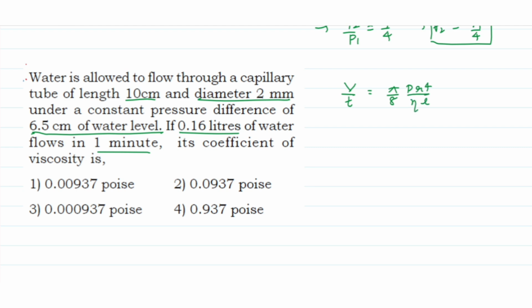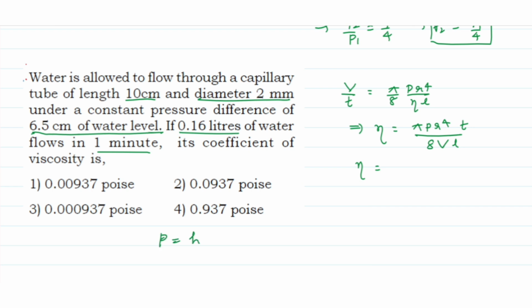Here they are asking the coefficient of viscosity. The coefficient of viscosity eta equals pi into P R power 4 into t by 8 into V into L. It's given that the pressure difference between the two ends is 6.5 centimeter of the water level.